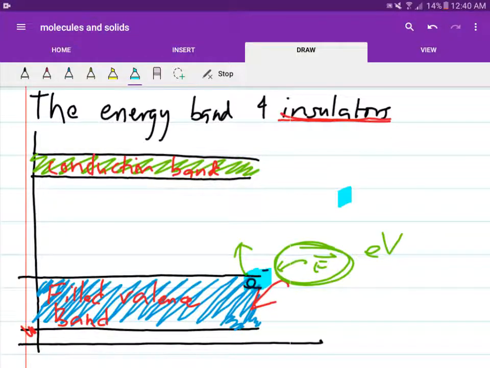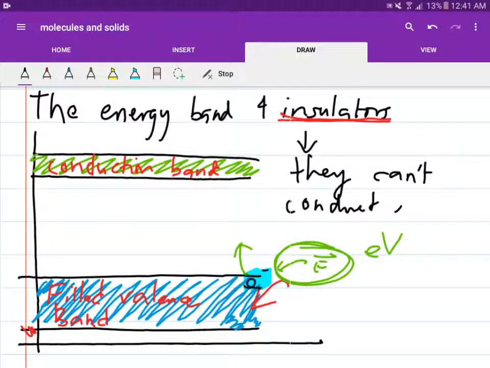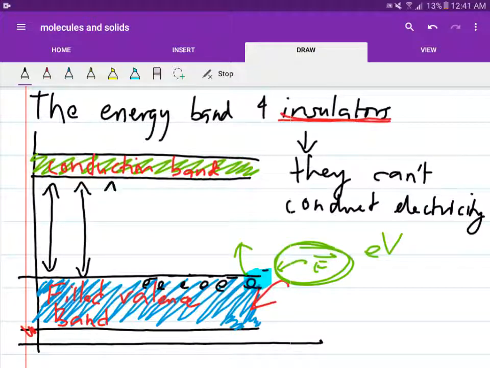So this is the property of insulators. That is why they cannot conduct electricity. So their valence electrons have a very far separation between the conducting region and the valence region.